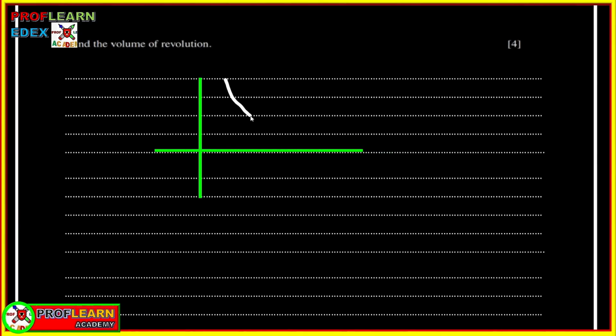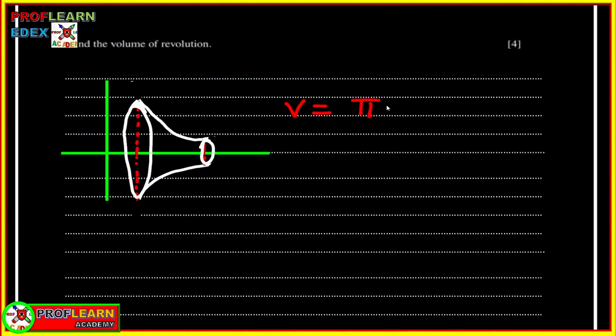Let me just try to draw the diagram so that you can see what the solid is going to look like. We revolve that curve around, and this is the shape that we are going to get. To find the volume of revolution, the formula to use is V equals pi integral of y squared dx.